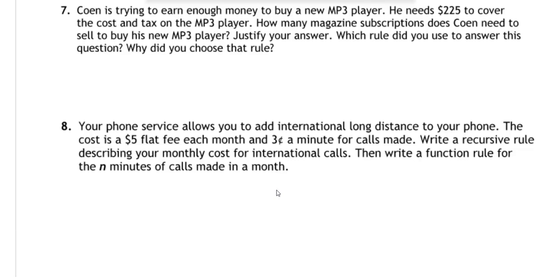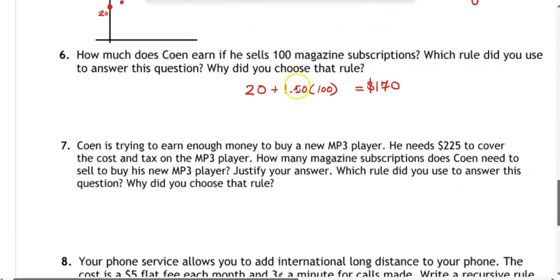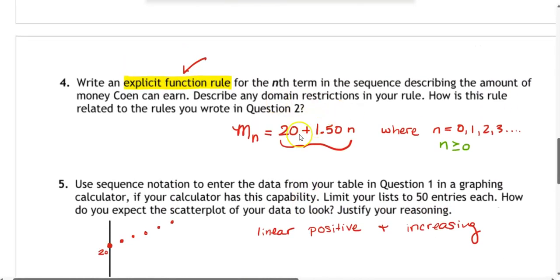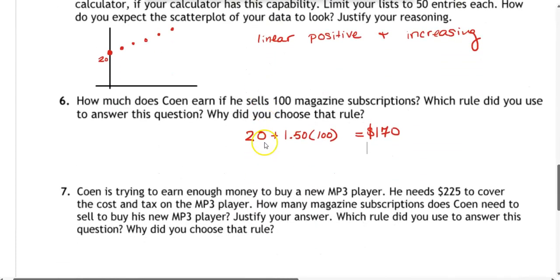Okay, so in this particular case, he needs $225 to cover the cost of tax on the MP3 player as well. So what we could do is take the explicit function rule that we have right here, and this M sub n, remember, represents the amount of money that we have based on our magazine subscriptions.